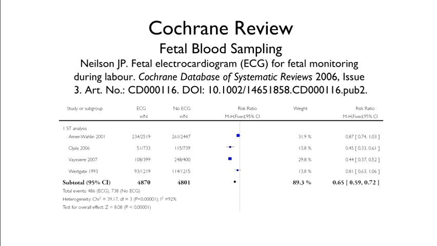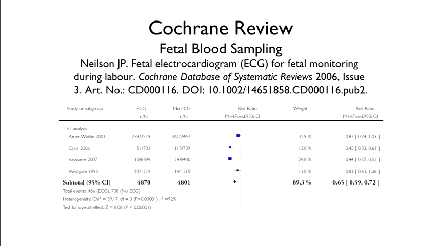So the control arm, even though they didn't have ST analysis, they had regular fetal heart rate monitoring plus scalp sampling when needed. But with the use of ST analysis, there was a decrease in the need for fetal blood sampling. So the providers in the arm where ST analysis was available did not feel like they needed to do fetal blood sampling. They could manage these patients without fetal blood sampling.